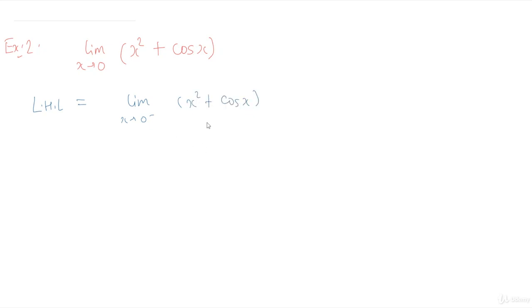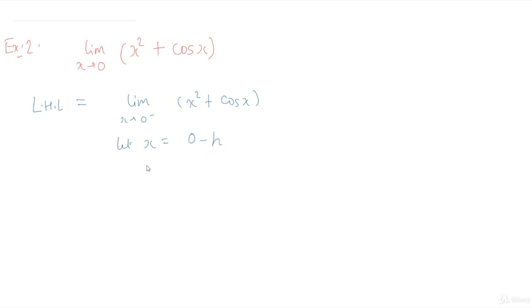In order to make it more clear, we will use another notation this time, replacing x approaches to 0 negative with h approaches to 0. So let's say x is equal to 0 minus h.